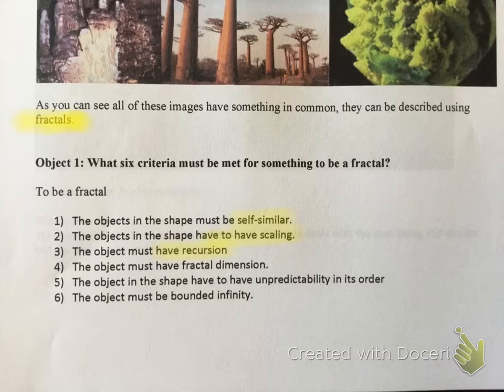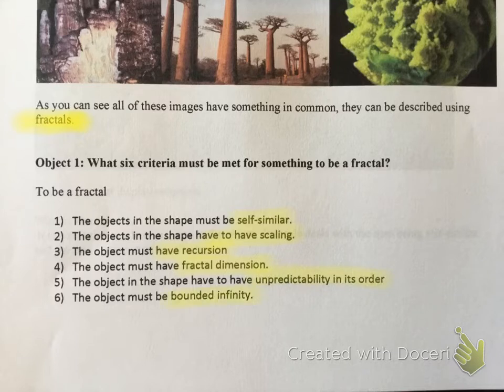And the object must have fractal dimension. I kind of touched upon that before. Remember, fractal dimension is not normal. It's in between like the first and second dimension or the second and third dimension. And the object in the shape has to have unpredictability in its order. And an object must be bounded infinitely.